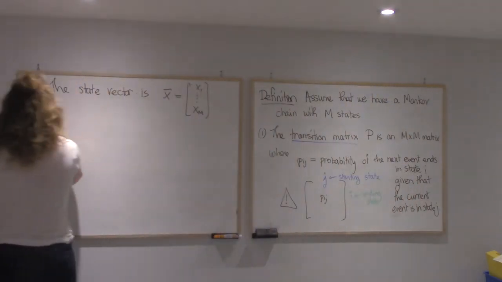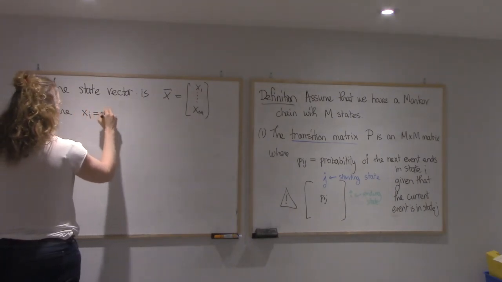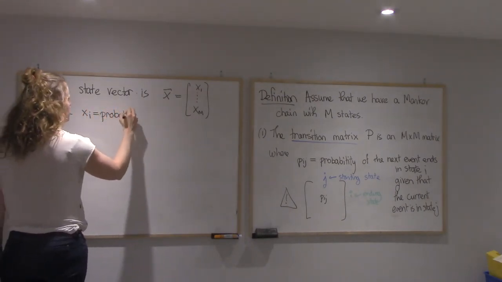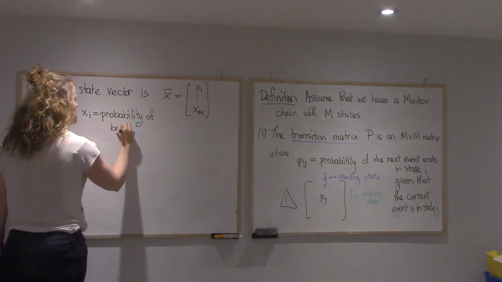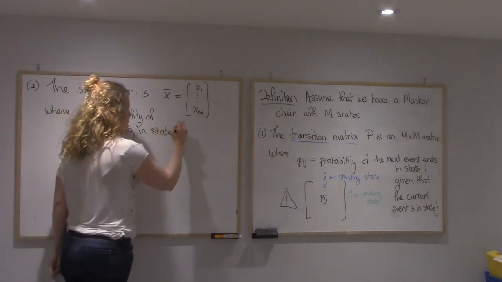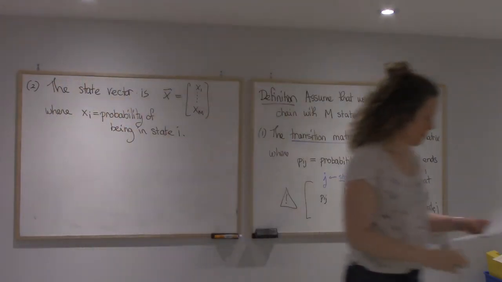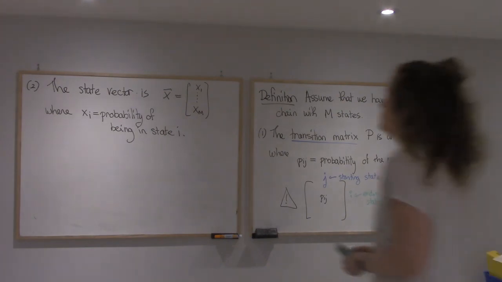So where x_i is the probability of being in state i. All right, so that's called a state vector.